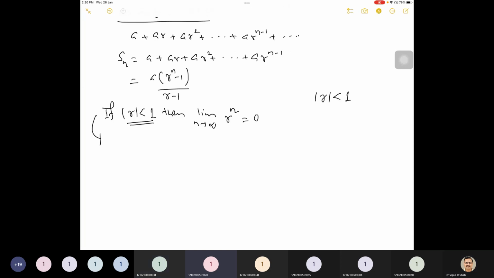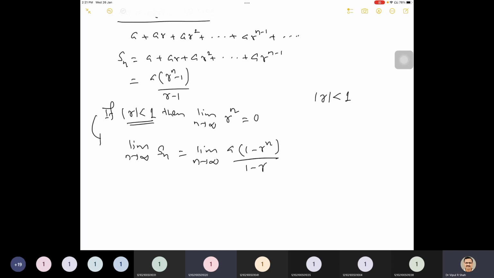In this sense, what happened? The limit as n tends to infinity of Sn equals the limit as n tends to infinity of a into 1 minus r power n upon 1 minus r.